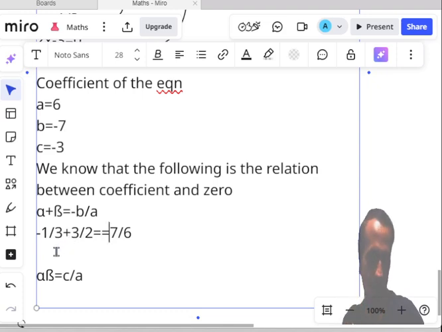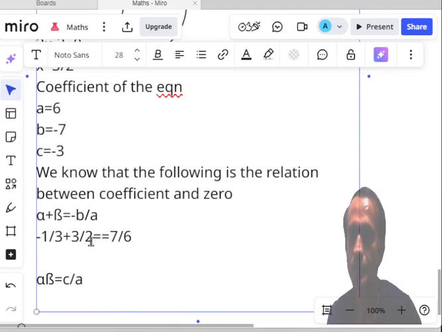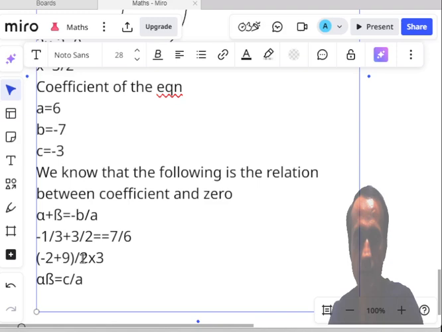So if we solve the left hand side of this equation, what do we get? Just by cross multiplication, it is minus 2 plus 9 divided by 2 into 3.